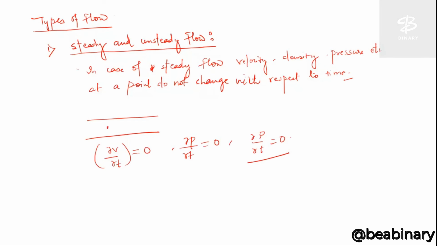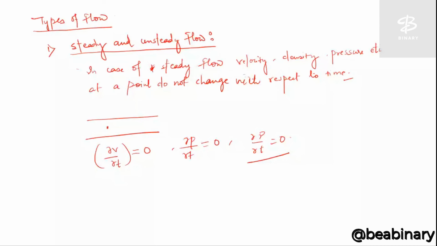While in case of unsteady flow, the velocity, pressure, density is not constant, or you can say it may be possible the value will change with respect to the time.